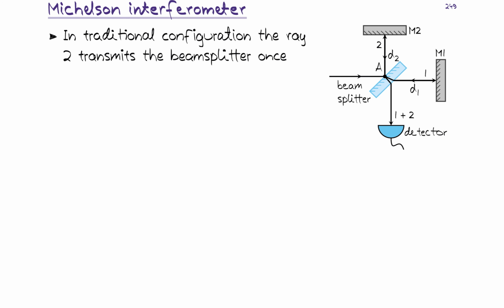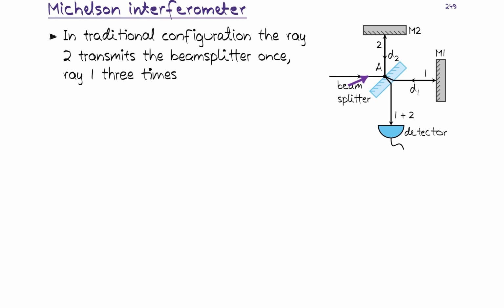Here, in this traditional configuration, ray 2 transmits the beam splitter once, but ray 1 actually transmits 3 times. Let me verify this. Ray 2 hits the beam splitter and is reflected at the point A, and then goes to the mirror M2, and then is transmitted through the beam splitter once when it hits the detector.